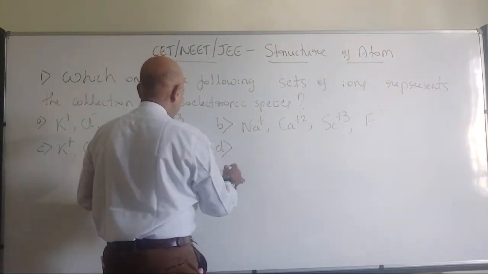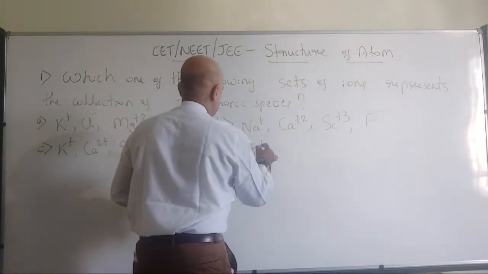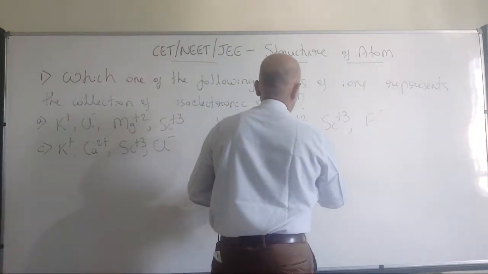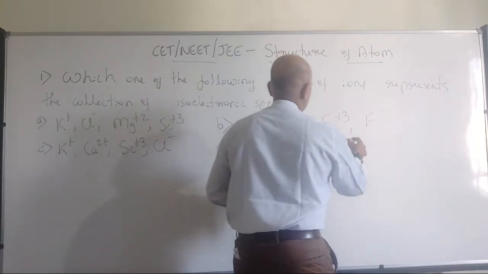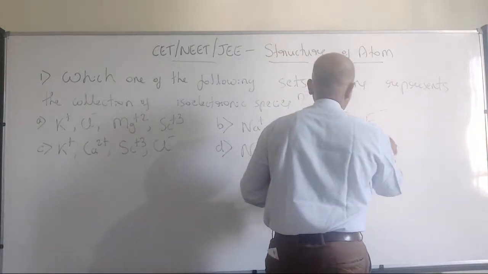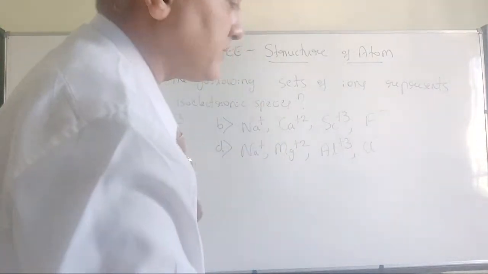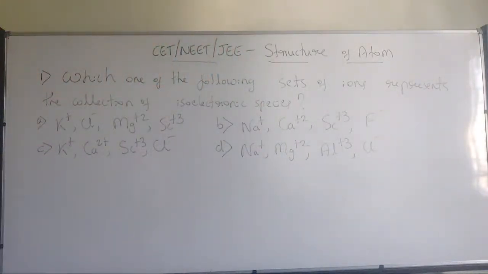And option D will be Na plus, magnesium plus 2, then aluminium plus 3, then chloride. So these are the options given. All of you can see the board.